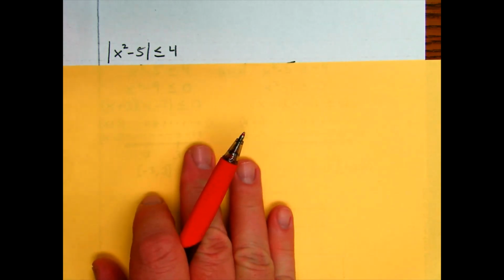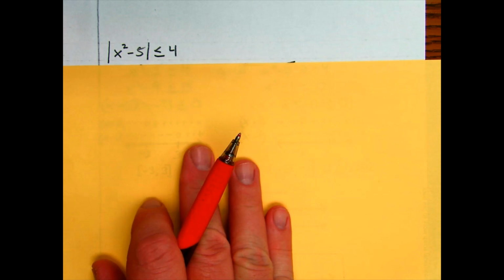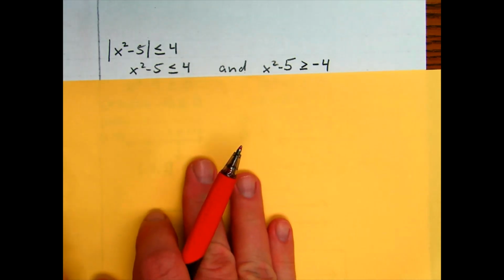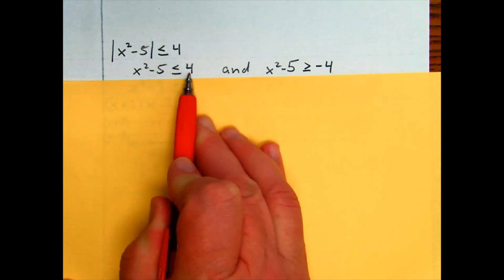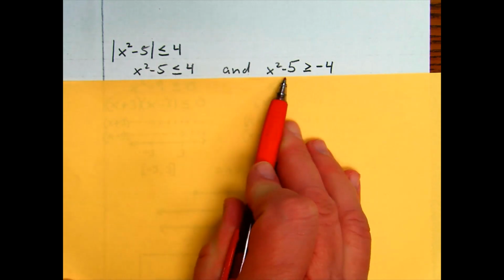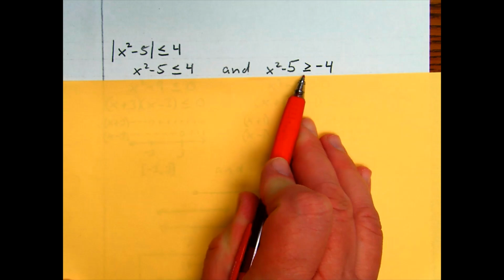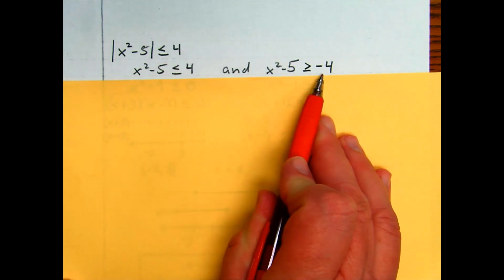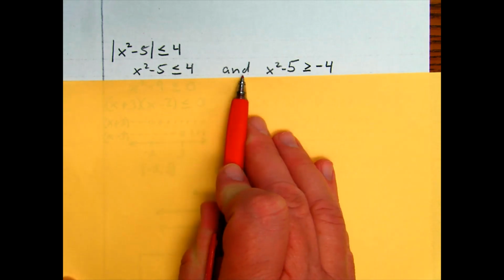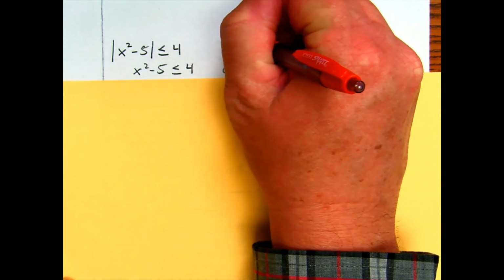Okay, so the pattern for the split for an absolute value inequality is what's inside the absolute value, same direction, same sign. What's inside the absolute value, flip the direction of that inequality symbol, change that sign. We need a connecting word in the middle. If it's a less than, we're always dealing with an and.